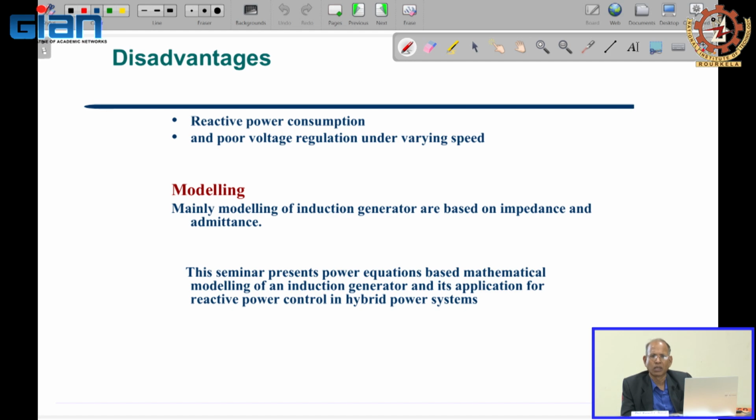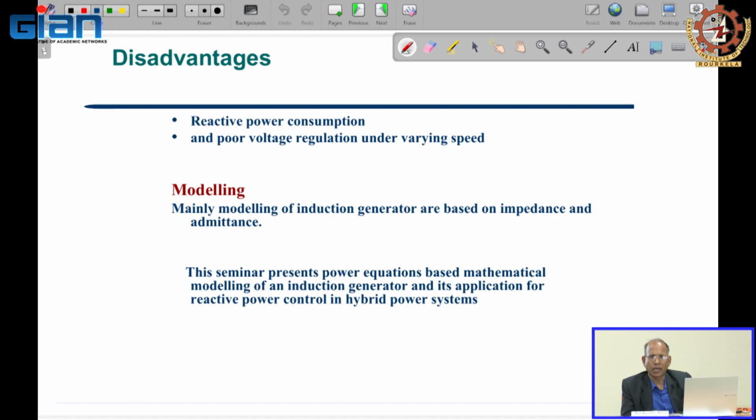When the induction generator is in isolated mode, not connected to the grid, you supply reactive power externally by means of capacitor banks.